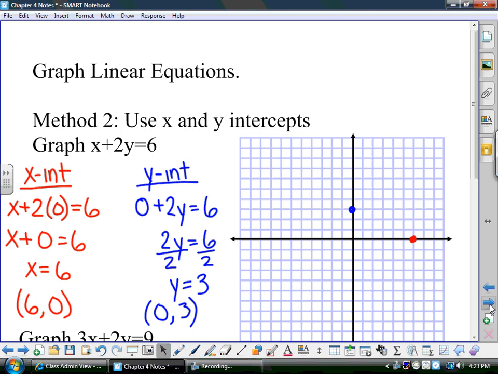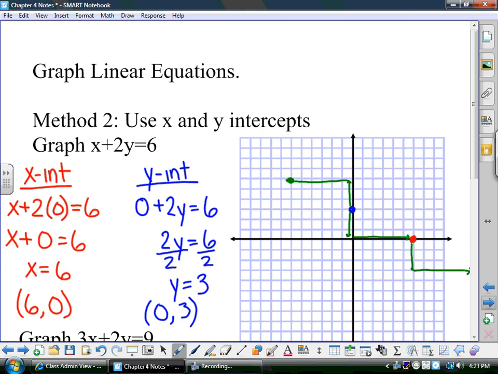Now we're not just going to connect those to make the line, we're going to find the pattern. The pattern is going down 3 and over 6. So we're going to keep that pattern going. I don't have enough room to keep going down 3 and over 6 more without running out of room, but I can reverse it and go up 3 and backwards 6. 1, 2, 3, 4, 5, 6.